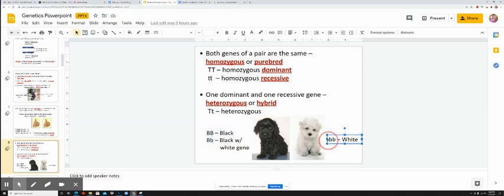Or in this case, the dog can also be homozygous recessive. White is recessive, so you need two recessive genes, and the dog is white. This is why sometimes people can have genes for traits that they don't have themselves, and their children can have traits that they don't have themselves, which is something that we will explore a lot in this unit.